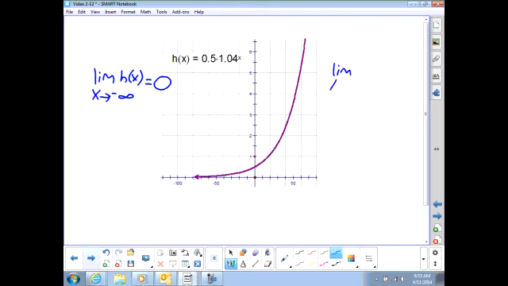And our limit as x approaches positive infinity of h of x, well, this is growing without bound. Okay, it's getting larger and larger and larger. Technically, that's a limit that doesn't exist because it's not going towards a number, but we say that it is equal to infinity to denote that it is getting larger and larger and larger.